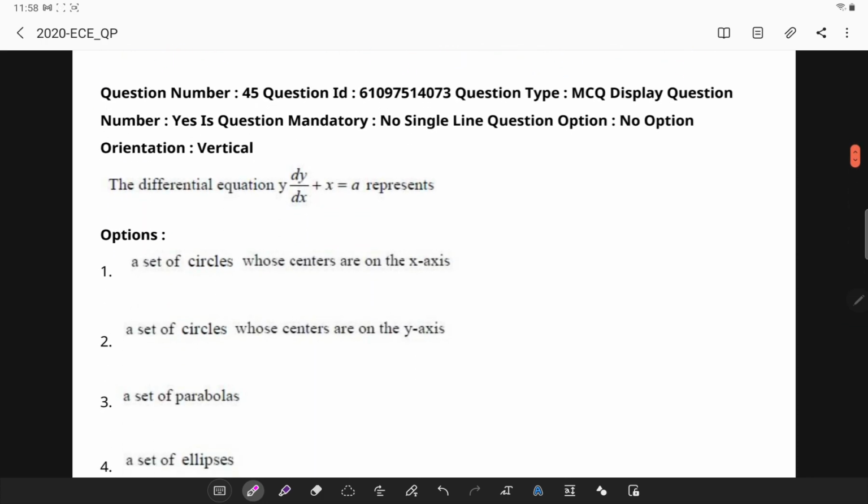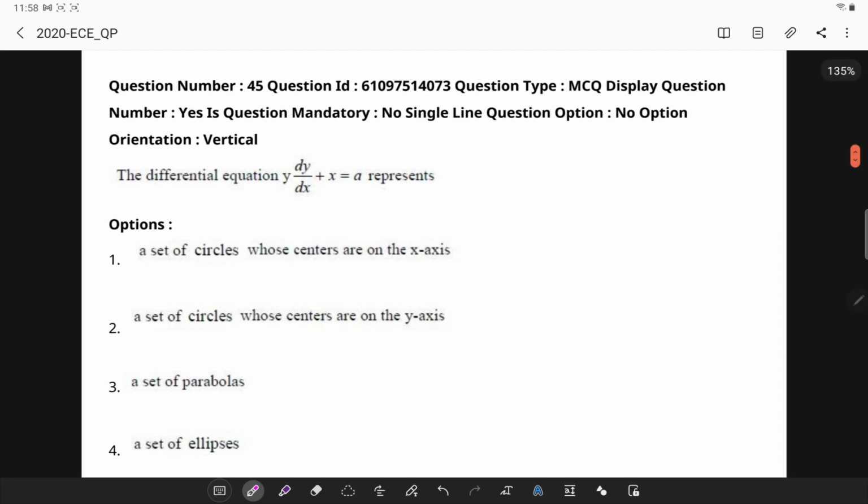So coming back to this equation, a set of circles and parabolas, if you observe the options, I have y into dy by dx plus x is equal to a.